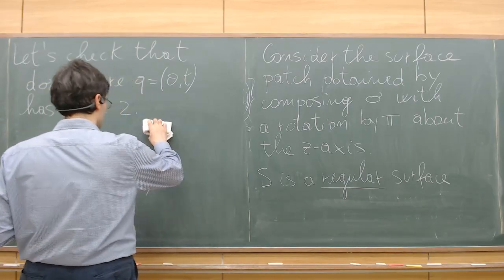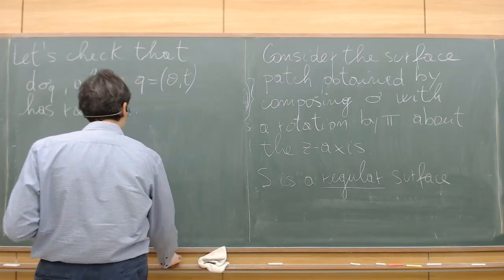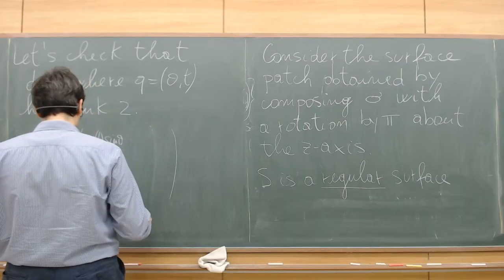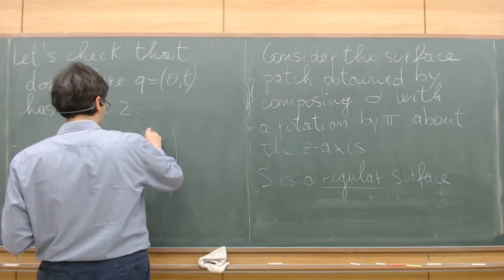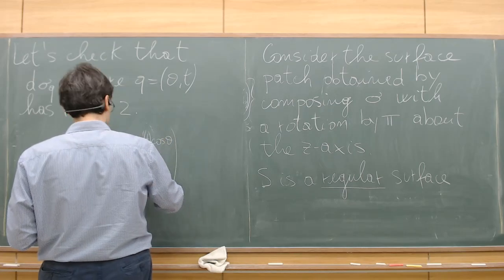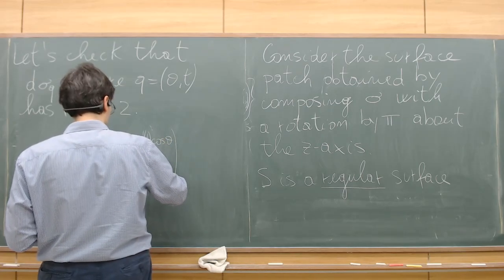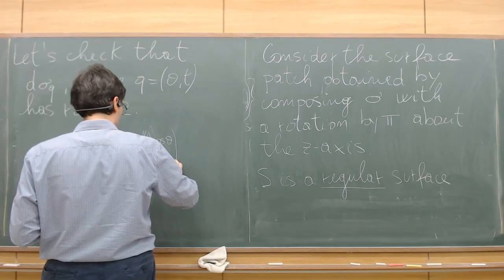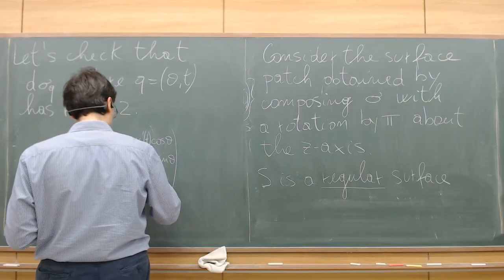I think I need more space. So I have x prime of t cosine of theta, x prime of t sine of theta, z prime of t.